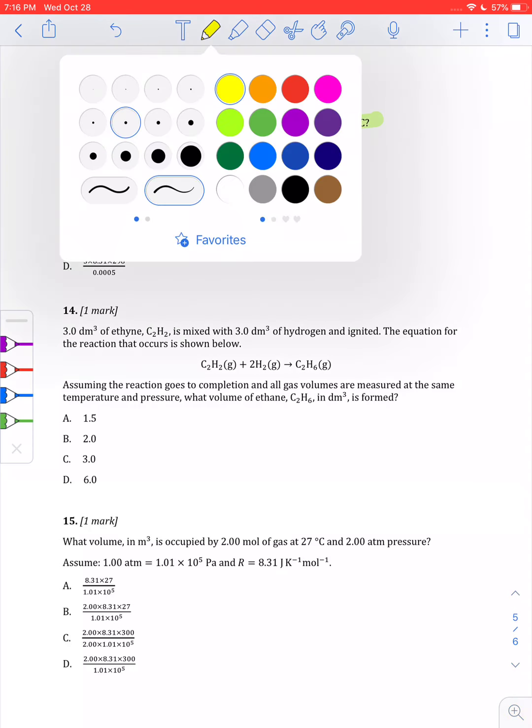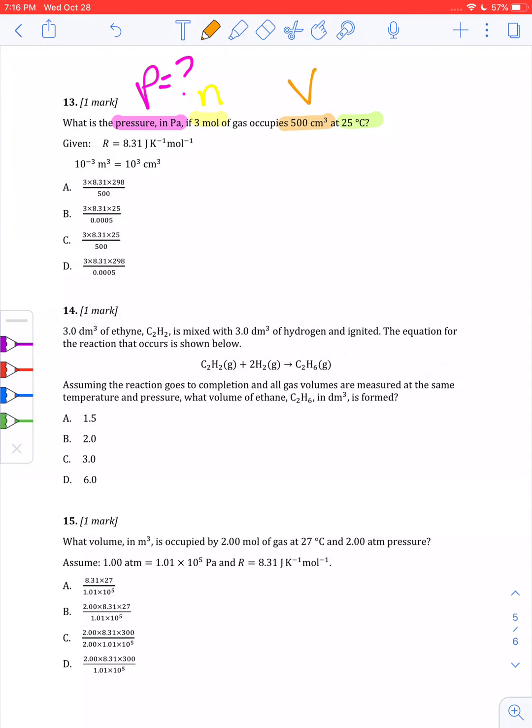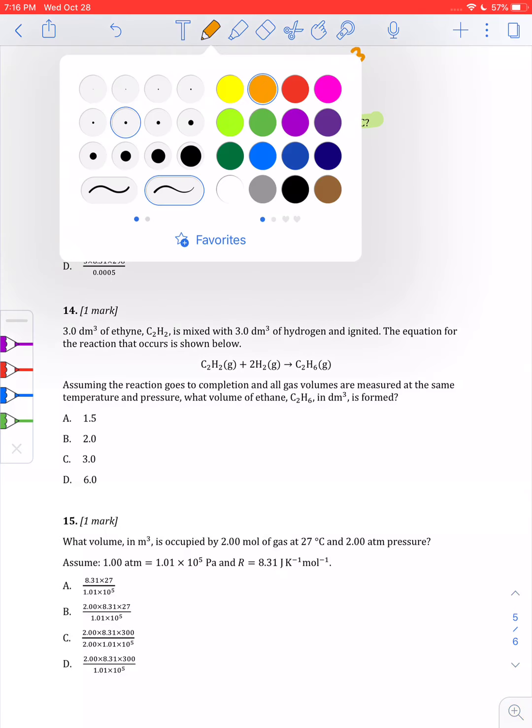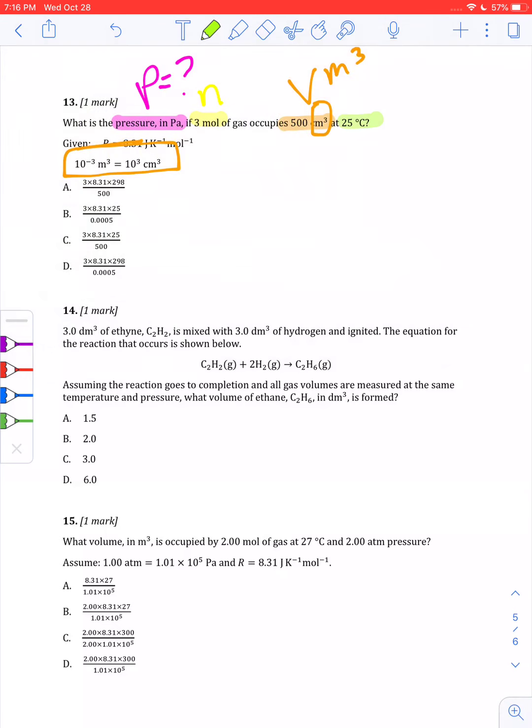But the pressure is mentioned. I have a number of moles. That's my amount of gas. I have a volume. Well, I will say the volume is in cubic centimeters, and for the ideal gas law, remember, it needs to be converted to meters cubed, so that's going to affect your answer. And notice they gave you the conversion right here, okay? So 1 times 10 to the negative 3 meters cubed equals 1 times 10 to the positive 3 centimeters cubed, okay? So keep in mind that they'll give you information like that that you might need to use.